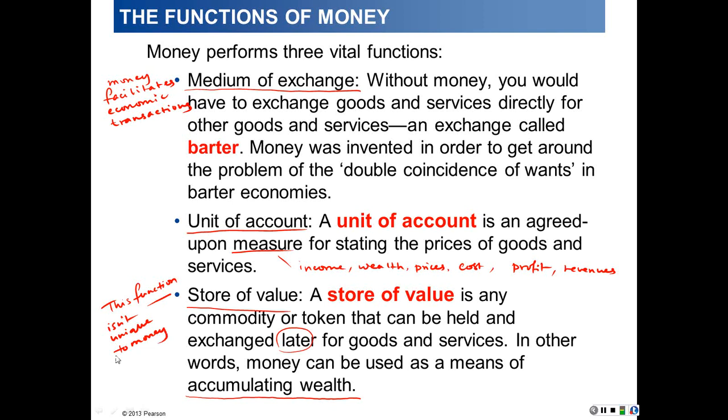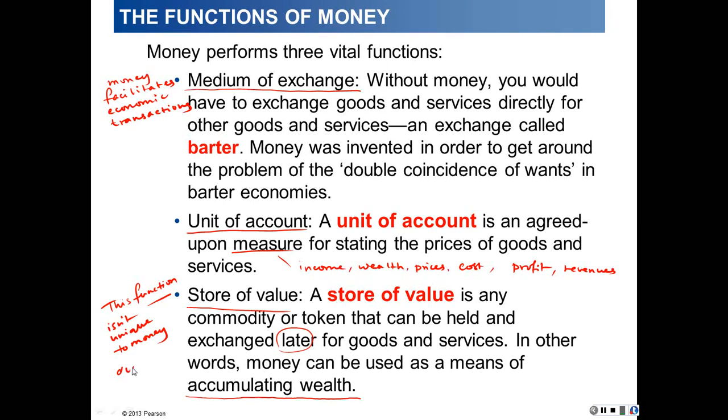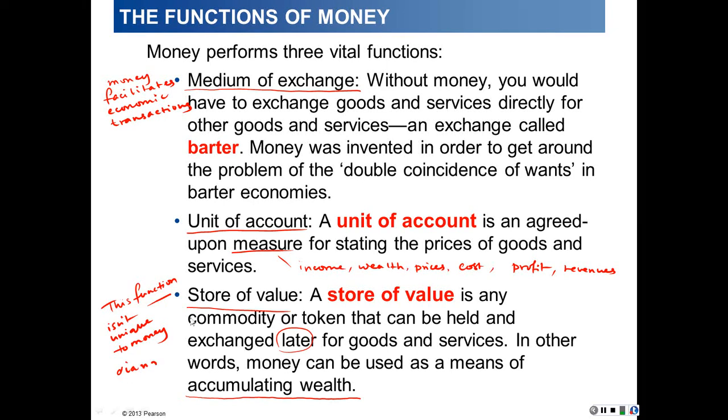Other commodities could also serve as stores of value, such as you can use diamonds, for instance, jewelry as a form of wealth. Correct? Land could be a form of wealth. Right? Paintings by Picasso could be used as a way of storing wealth. Am I correct? So wealth can be accumulated in a variety of forms. It needn't be money, right?